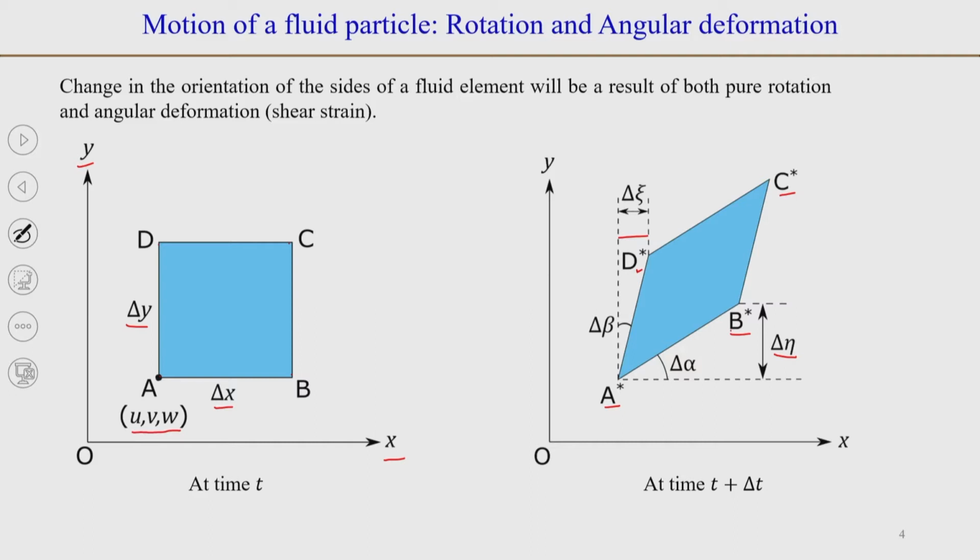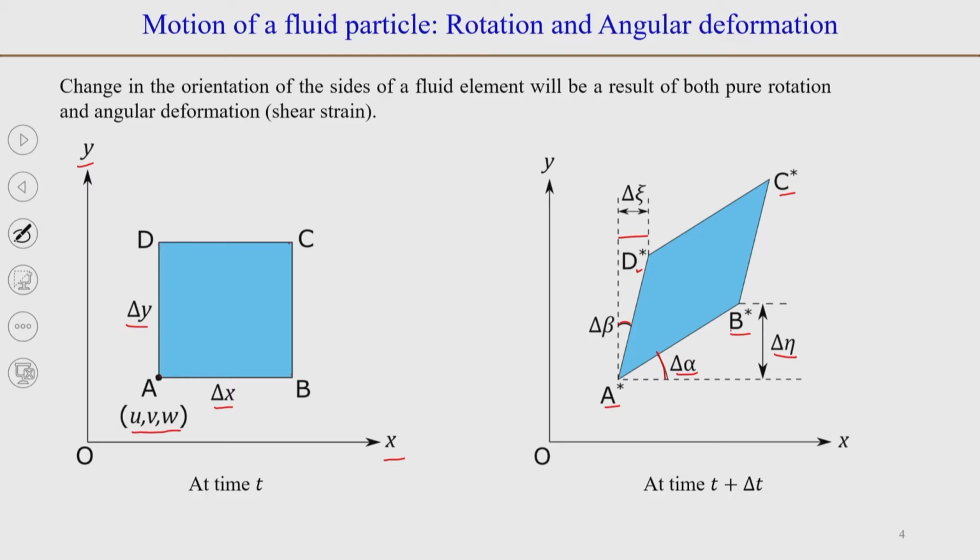delta psi. And the angles that each side makes from their previous locations: the side A star B star has rotated by an angle delta alpha, and side A star D star has rotated by an angle delta beta, but in a different direction.